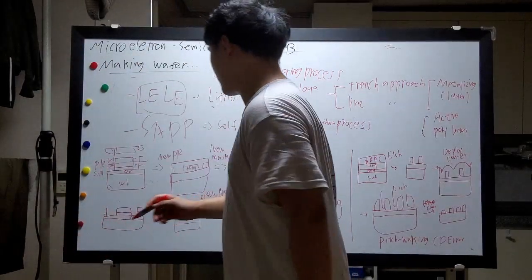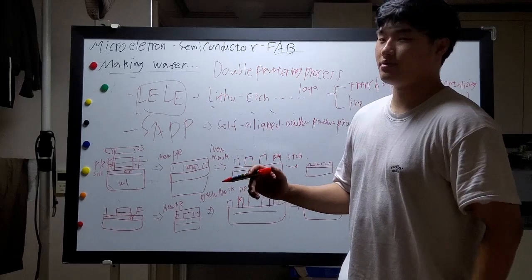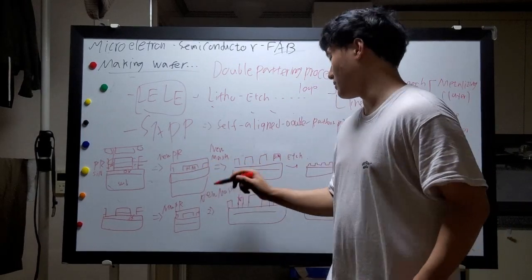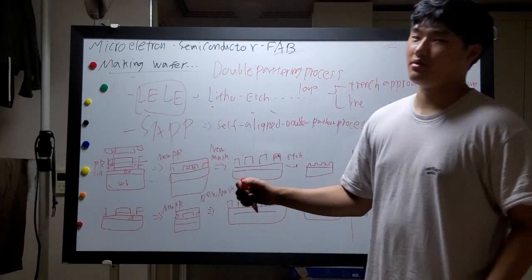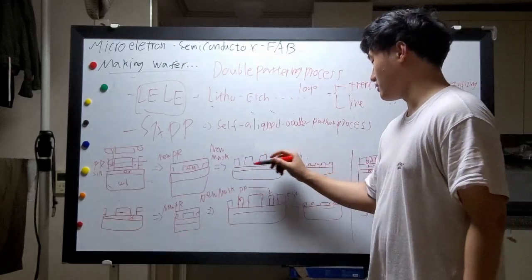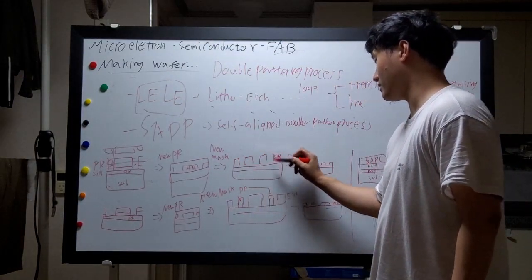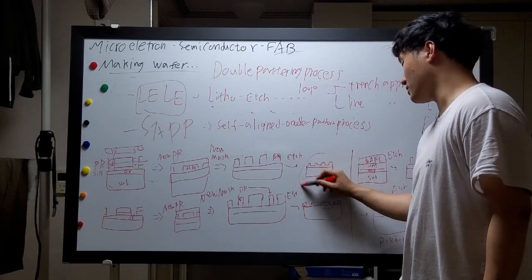Secondly, we deposit a new pier over the layer, and with this new pier we use another new mask like this, remove the mask and etch, and then it will be completed.